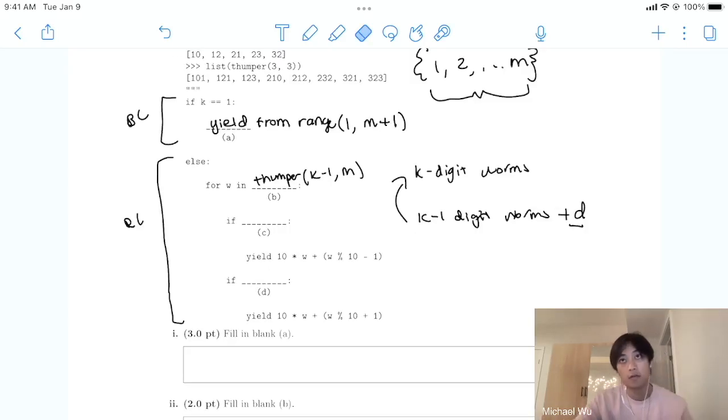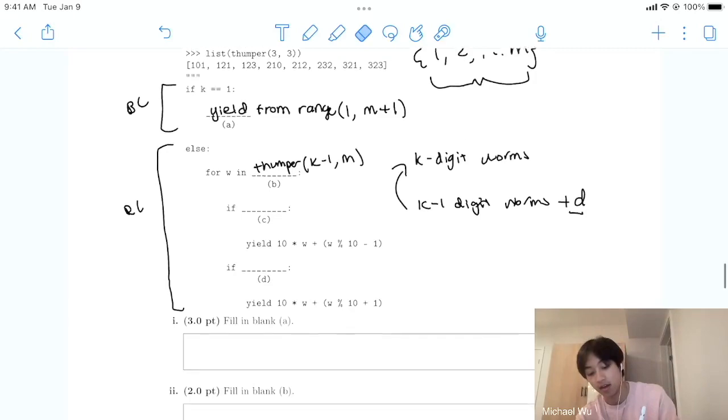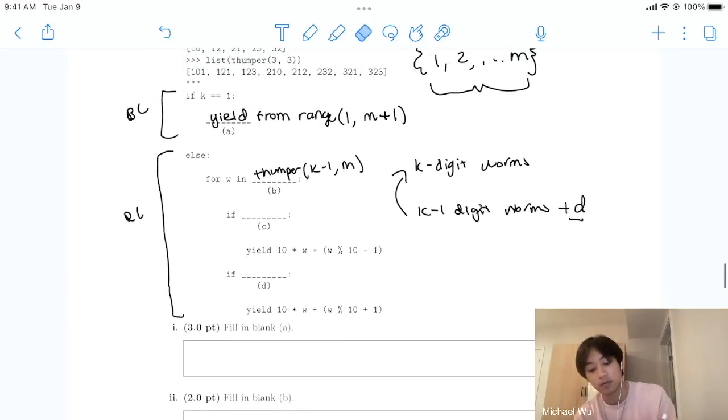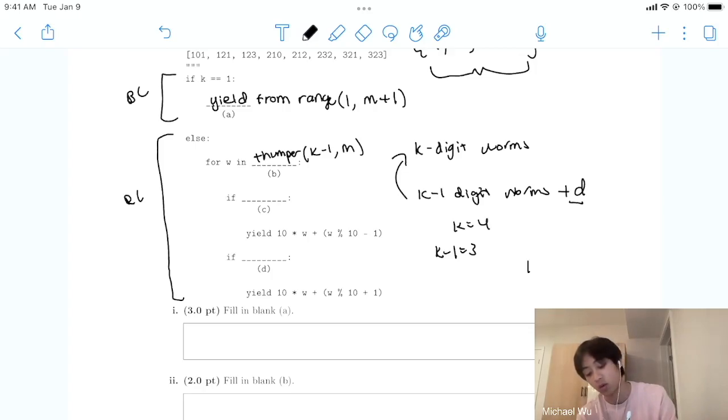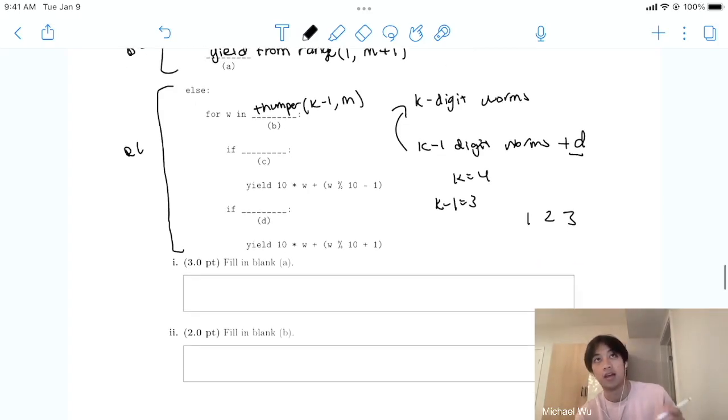So for example, if we had k equals 4 and k minus 1 equals 3, and our k minus 1 worm was something like 1, 2, 3, well, the way you get to a k-digit worm, so a 4-digit worm from this, is to essentially add on this other digit, and this other digit has two options. It can either be a 2 or it could be a 4, right?